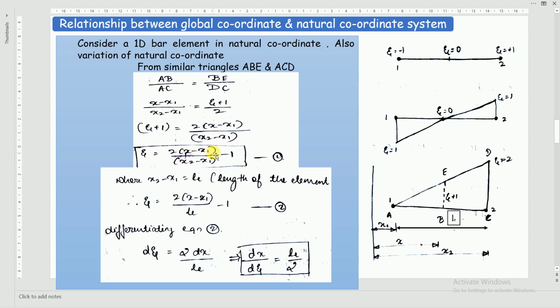Only one step, just by applying the concept of similar triangles. Now what is this x2 minus x1? It is nothing but LE. Even this can be written like this, or you can write it this way.